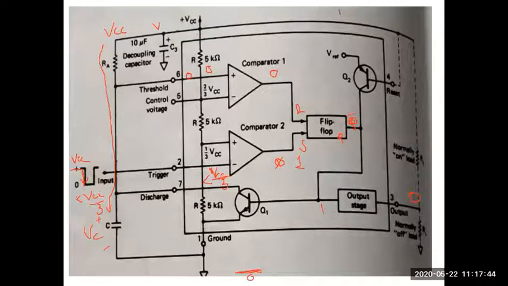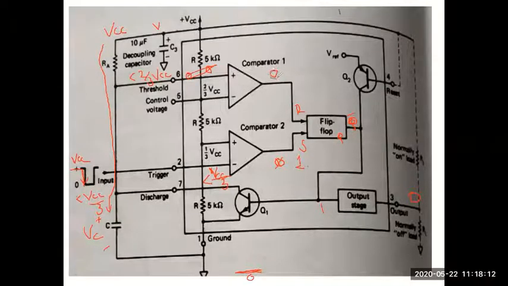The capacitor voltage is still less than 2 by 3 VCC. It has not reached 2 by 3 VCC. So what will happen to the upper comparator output then? The upper comparator positive terminal is at a voltage less than 2 by 3, whereas the negative terminal is at 2 by 3.